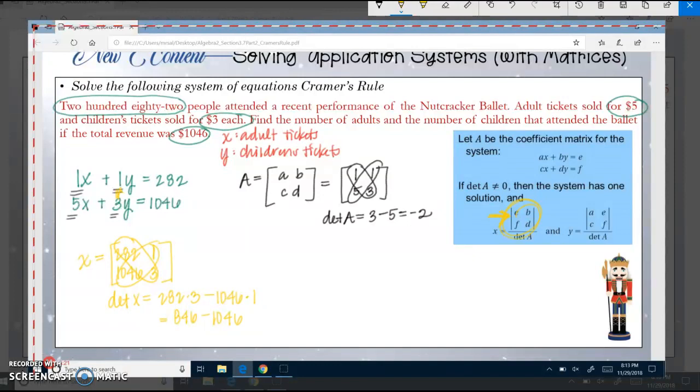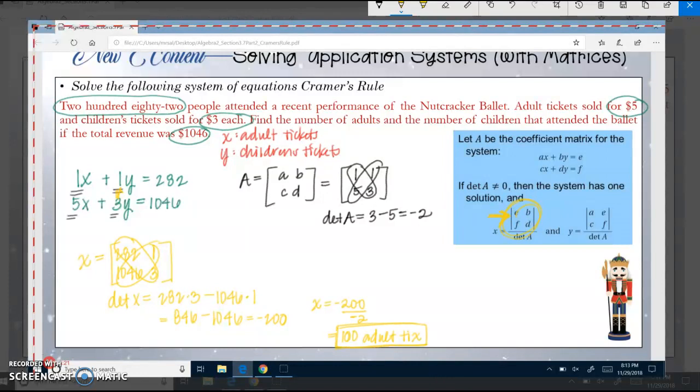So that answer is going to be -200. So in order to solve for X, all I have to do is take -200, divide by -2, and that's going to be 100 adult tickets because X is my adult ticket value.